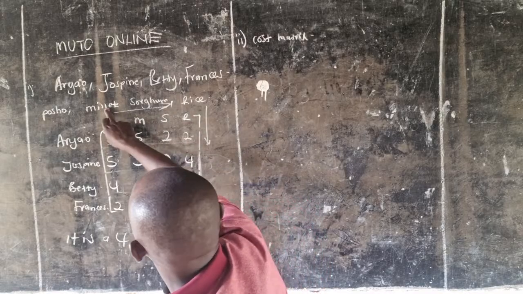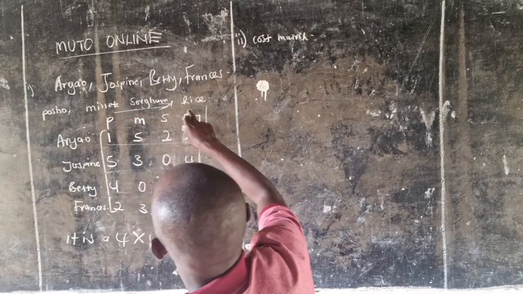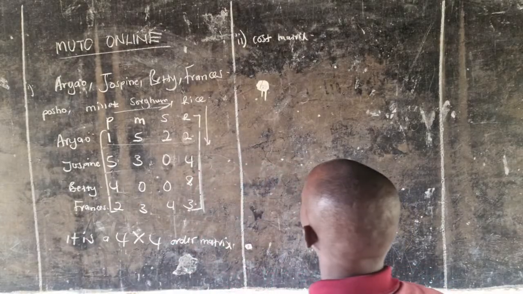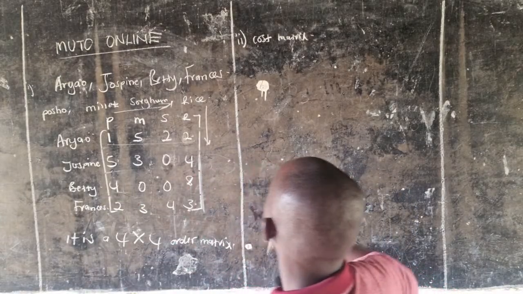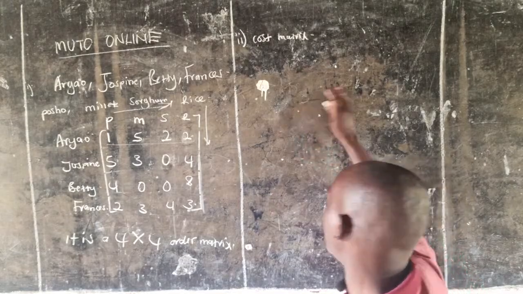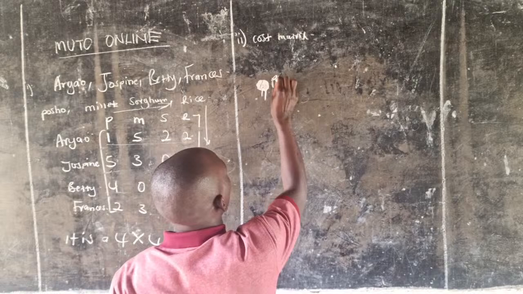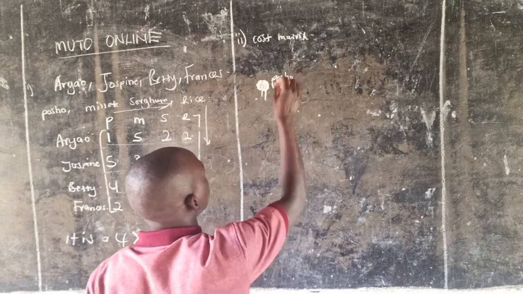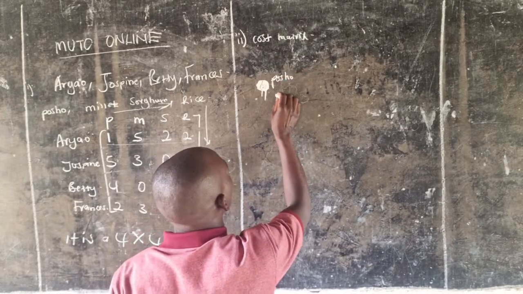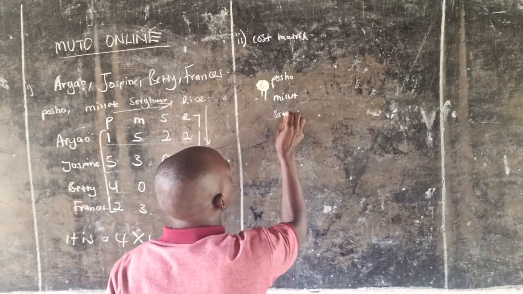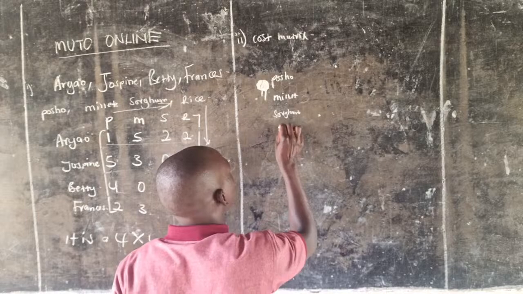The rice, millet, sorghum, and posho now become the independent, and the cost becomes dependent. So we shall have posho here, millet, sorghum, and then rice.